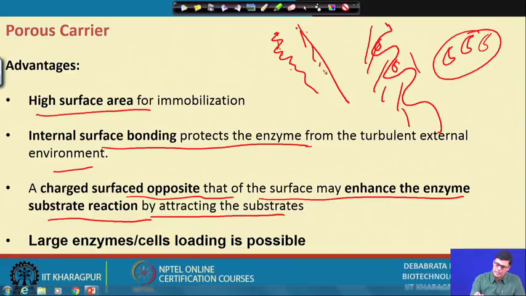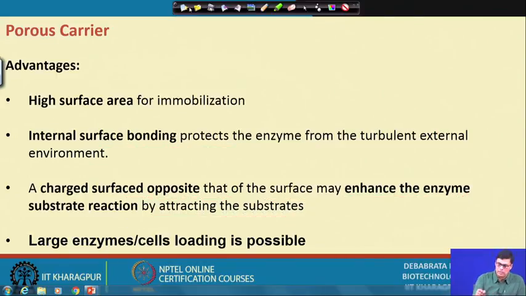Suppose we have a positive charge and your substrate has a negative charge, obviously the interaction of the substrate with the enzymes will be more, because your matrix charge is opposite to that of the substrate. And large enzymes or cell loading is possible, since pore size is more, so it is obvious that loading also will be more.